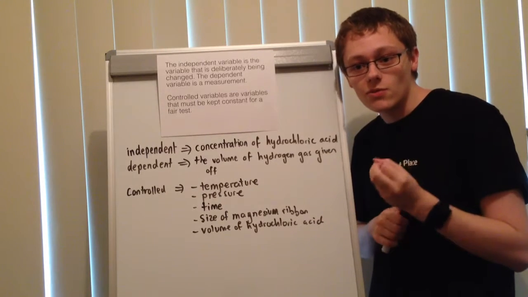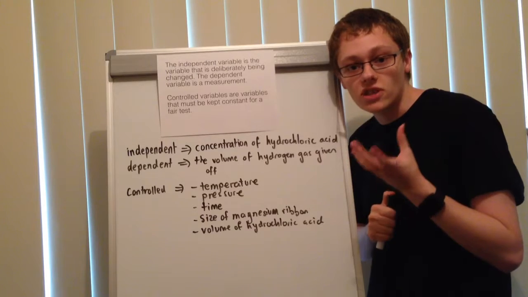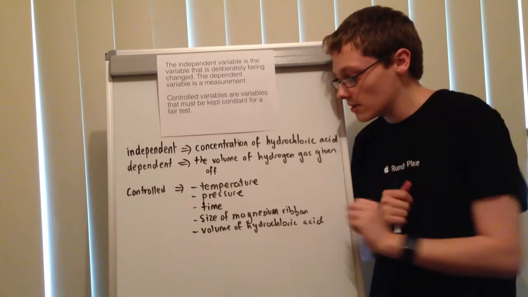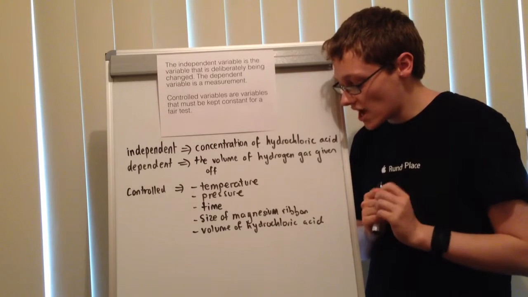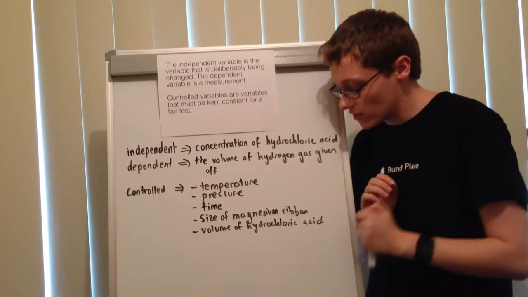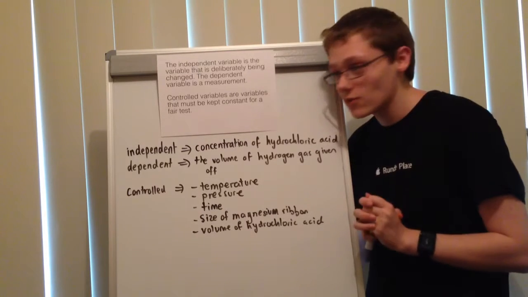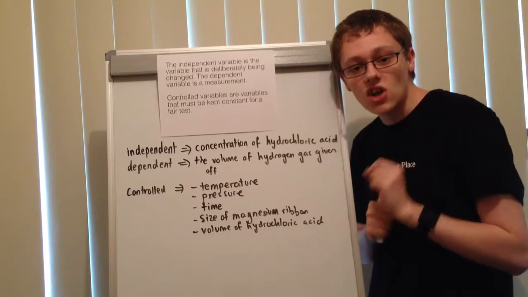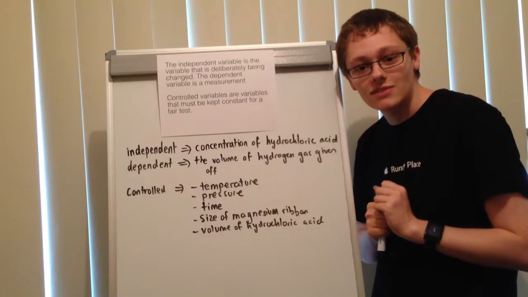It's unfair if we were to measure the volume of hydrogen gas after a longer period of time. And then also the size of the magnesium ribbon that we put in is important as well, along with the volume of hydrochloric acid that we have. That's just a little look at variables, and they're very important in designing a scientific investigation.